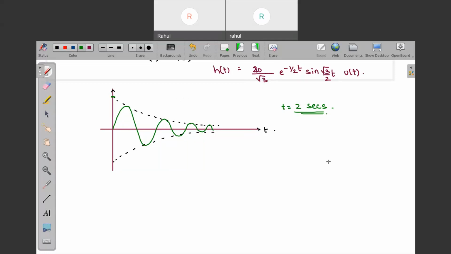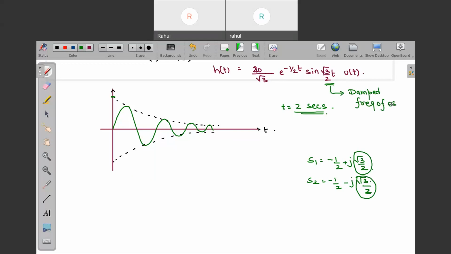And over here you can see that basically our poles, where S1 is equal to minus half plus j root 3 by 2, and S2 is equal to minus half minus j root 3 by 2. So this complex part or the imaginary part of your poles describes what? They describe the damped frequency of oscillation.